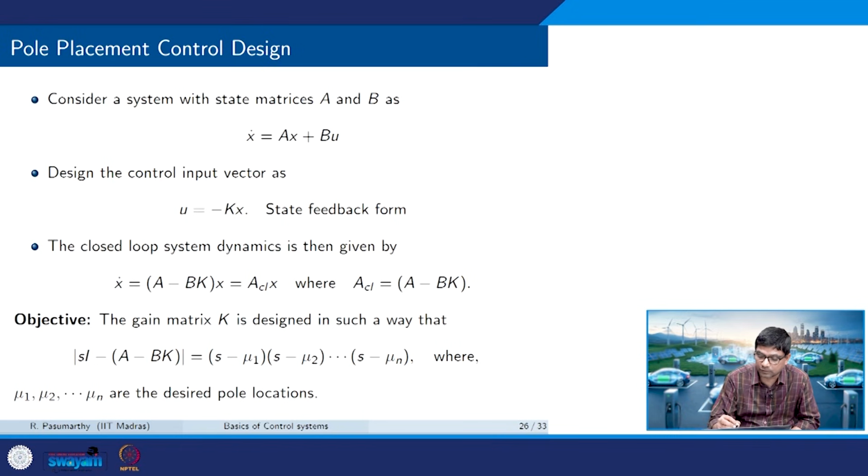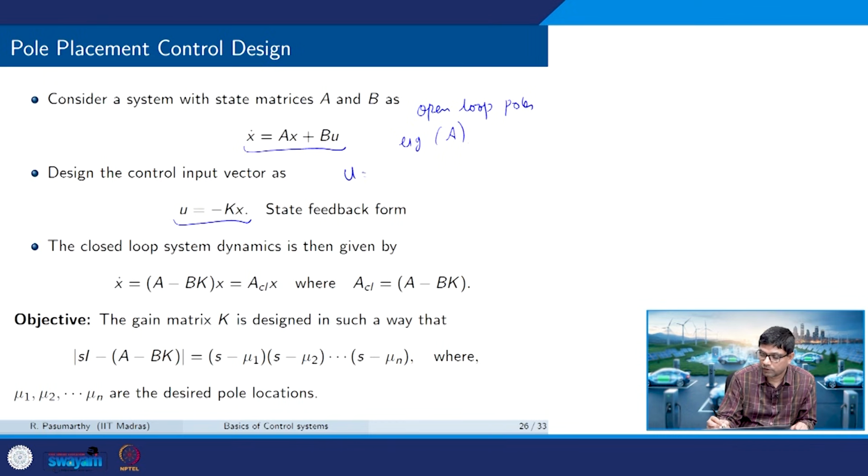So I start with a system of the form x dot equal to Ax. So my open loop poles are determined by the eigenvalues of the matrix A. My control is usually of the form u equal to minus Kx. Right, I take x, I multiply it with some number, some matrix, and feed it back.